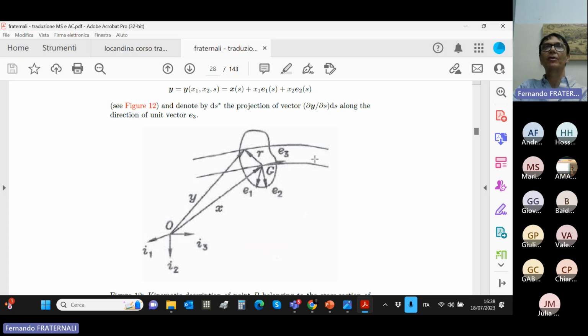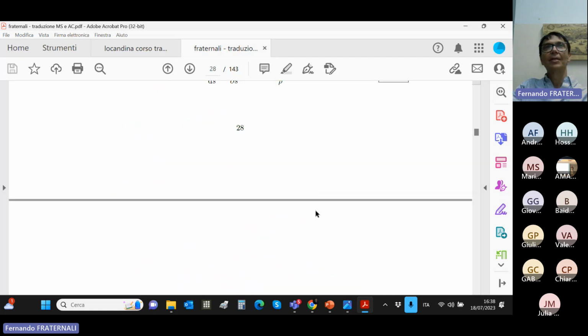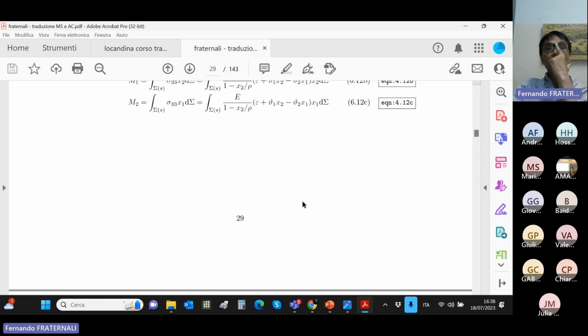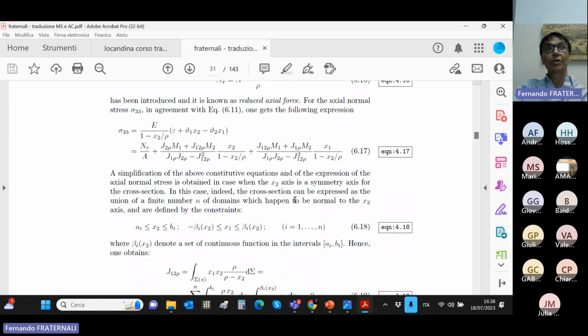Basically the contour of the cross section can be defined as a domain that is normal to this axis, which means that you can assume that the coordinate x2 goes between given bounds. This is the assumption.